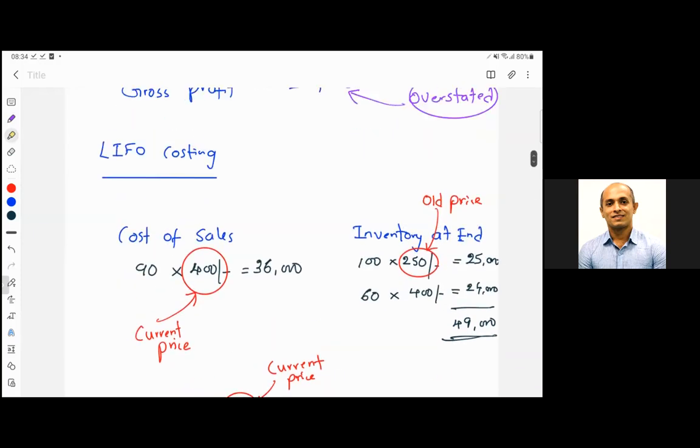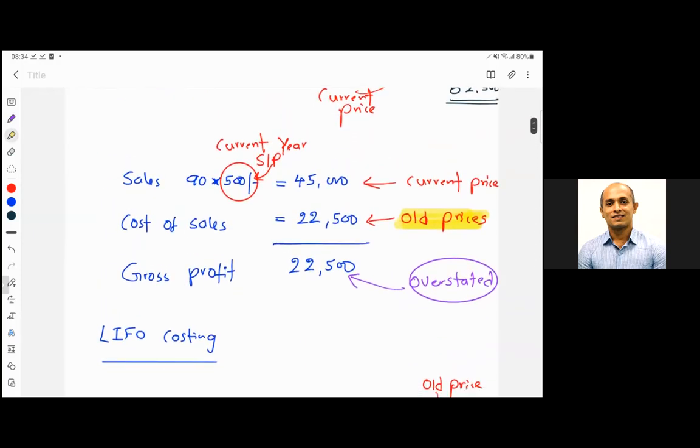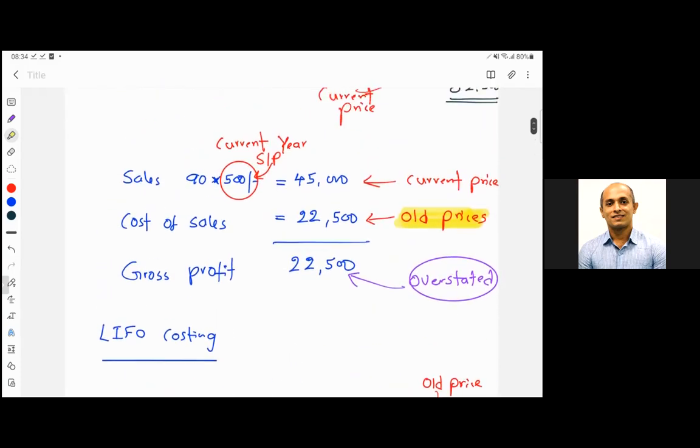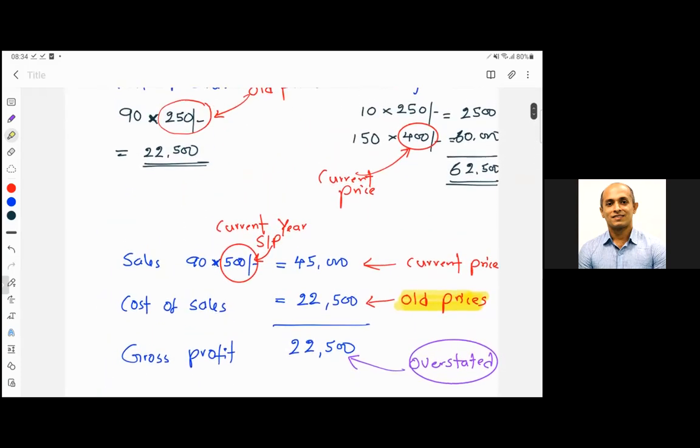Now you see the FIFO profit. LIFO profit is 9,000, FIFO profit is 22,500. This FIFO profit includes economic profit, but some other things also. So what is that?